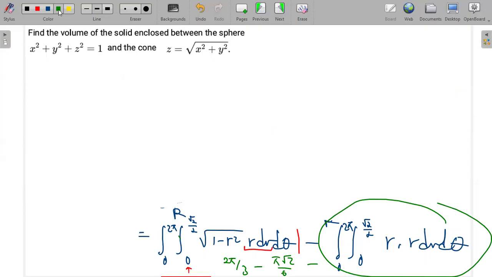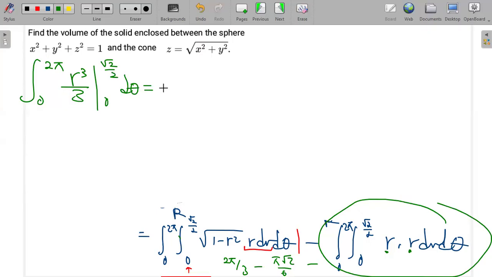So if we evaluate that, what are we going to get? So it will be 0 to 2 pi, and then here, this is r multiplied by r, so I have r squared. So now I can integrate with respect to r. So I get r to the power 3 over 3, and then the limits there are just 0, root of 2 over 2, d theta.